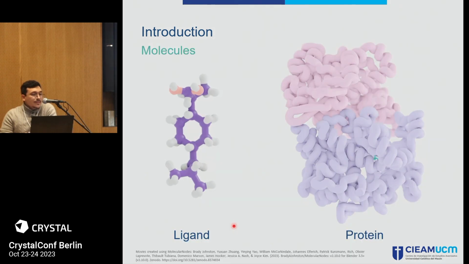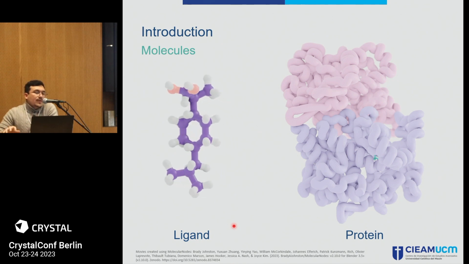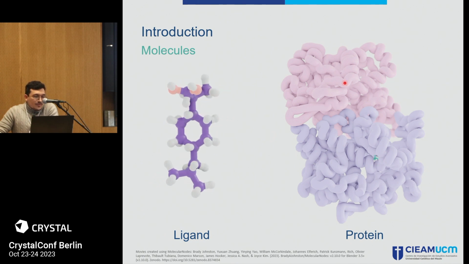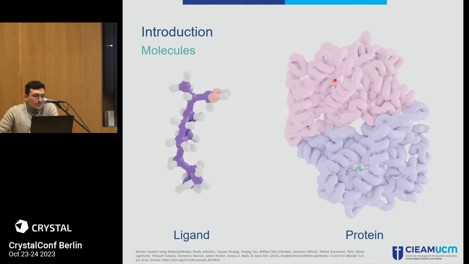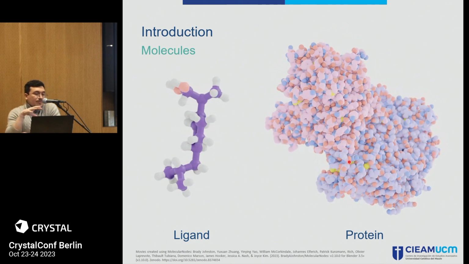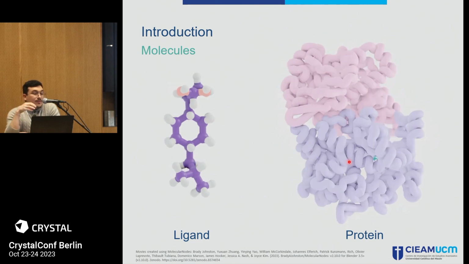So you can see here at the left a typical drug, and to the right a protein. And you can see the same drug just in these small spaces, just to see the magnitude of the size. But this protein is composed of a lot of atoms. This is a simple protein.